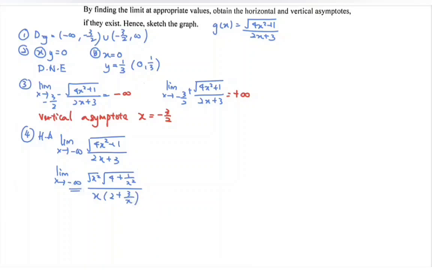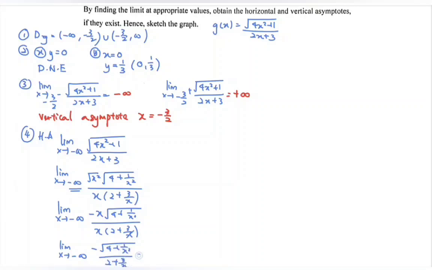Based on this part, the square root of x squared will be negative x. So the limit when x approaches negative infinity is negative square root of 4 plus 1 over x squared, over 2 plus 3 over x. If we substitute, here we will have 0, here we will have 0, so we will have negative 1.